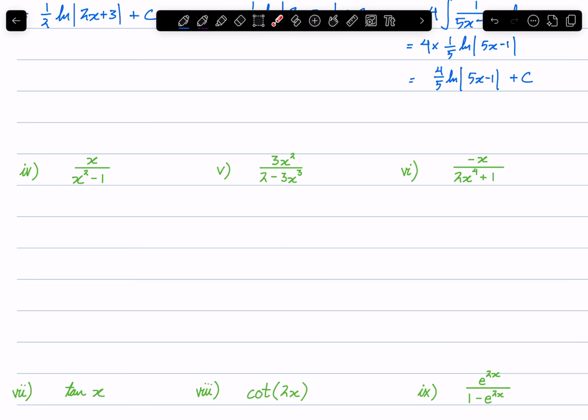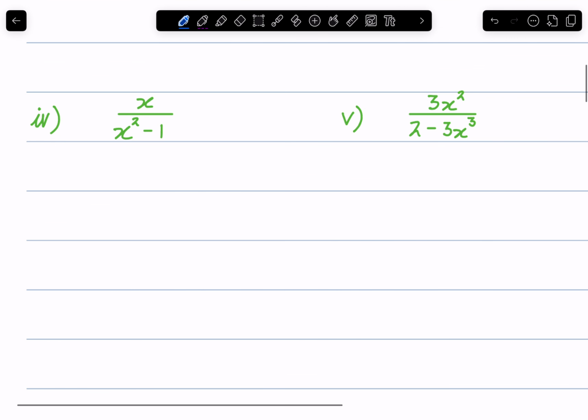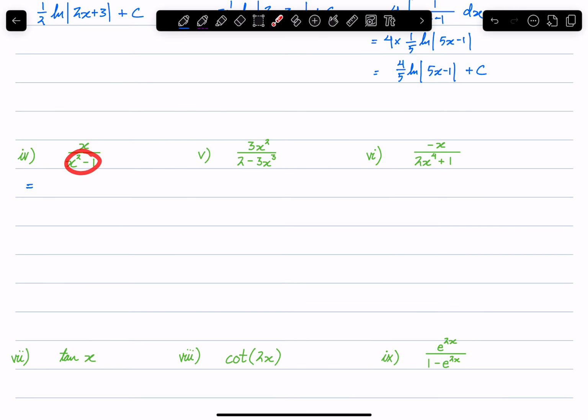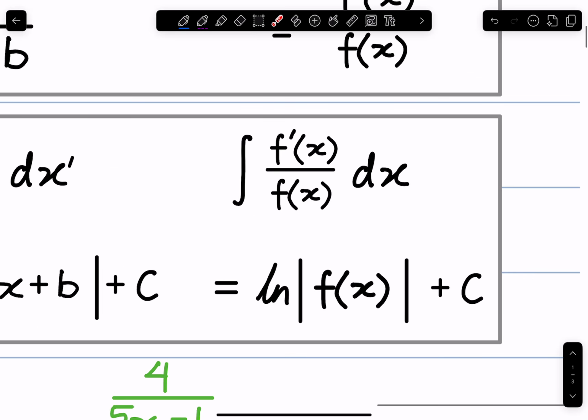So the result of this is going to be an ln of some sort. So for this, notice how the numerator isn't the exact derivative of the denominator. So I'm trying to make it that it's an exact derivative on the numerator.